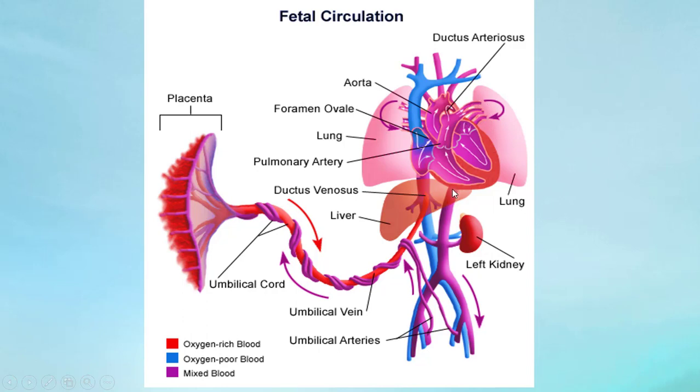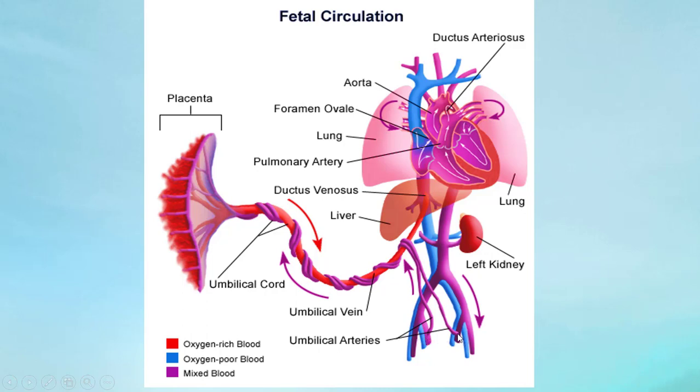From the descending aorta to the common iliac arteries, right and left, then again into the internal iliac arteries.